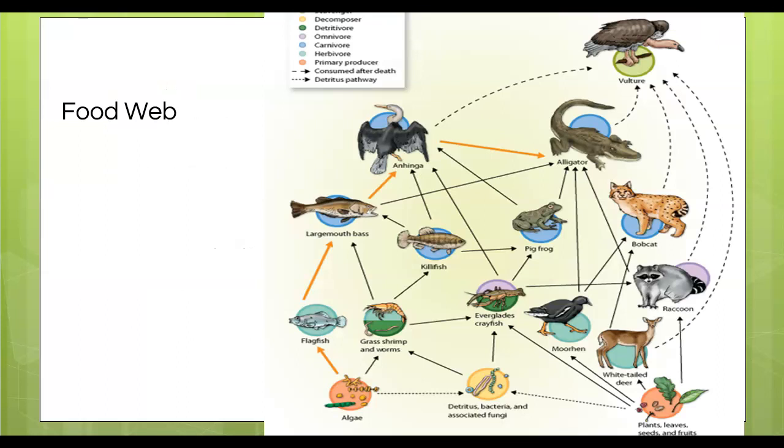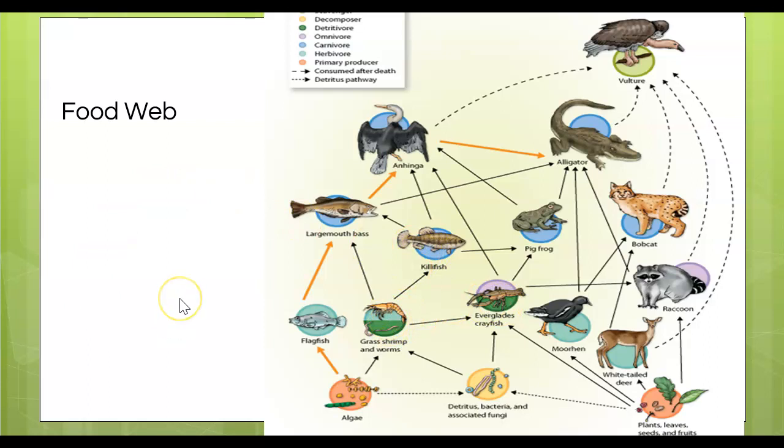And so you can see our original food chain here, algae, flagfish, all the way to the alligator. But you can see that it's also part of a bigger network. So the algae is also eaten by shrimp. The shrimp are then also going to be eaten by the bass and eaten by this fish or by crayfish. And so you're going to see a lot of interactions.